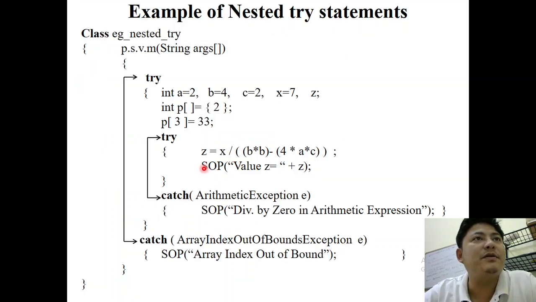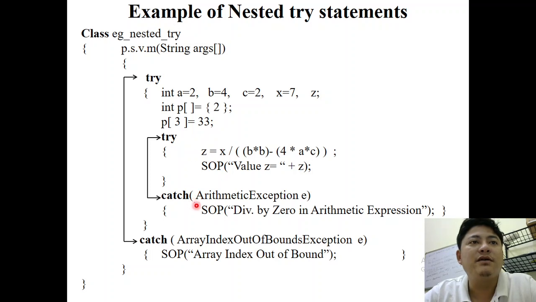So in this example you have seen that there is a class called nested try, and there is a main function inside which you have one specific try block, inside which you have some statements. After these statements you have another try block that will again check the correctness of the statements.